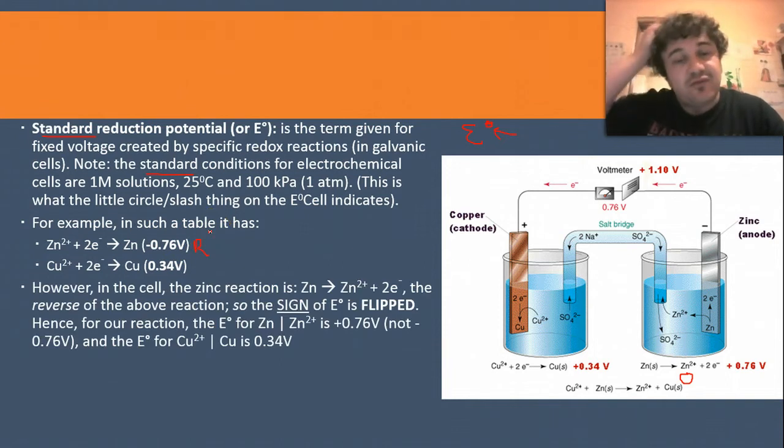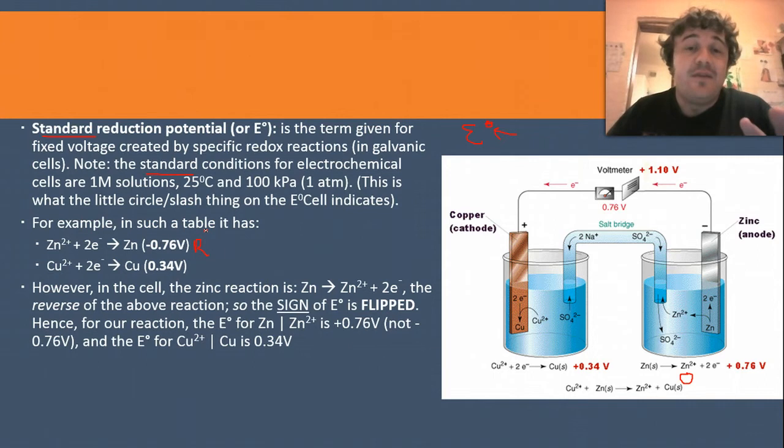So straight away, the zinc, as it is reversed, okay, we flip it. Now, this is something you're going to need to be aware of. So, in this case, E equals the copper, which is plus 0.34.